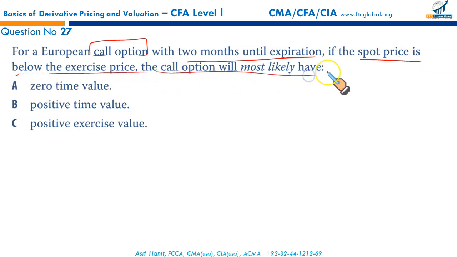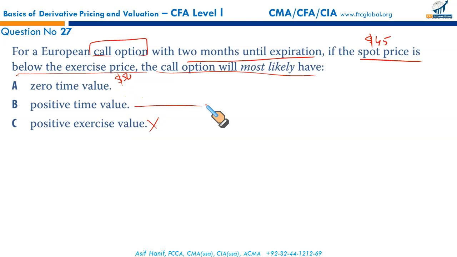The call option will most likely have, now since the spot price is let's say $45 and the exercise price is let's say $50, it doesn't have a positive exercise value. It can be exercised only at expiration, but it doesn't have a positive exercise value. But it does have a positive time value.